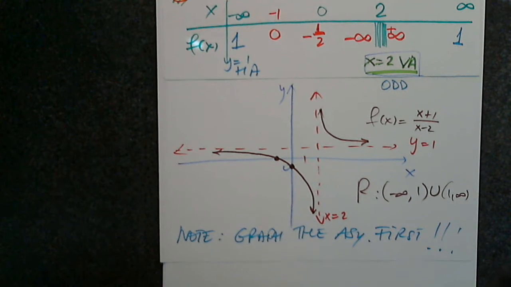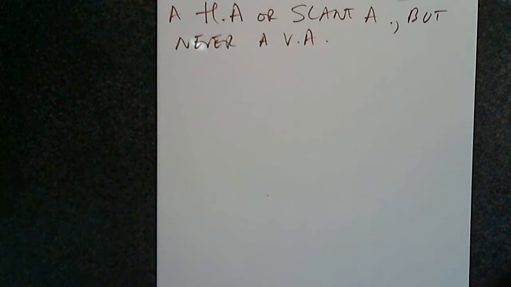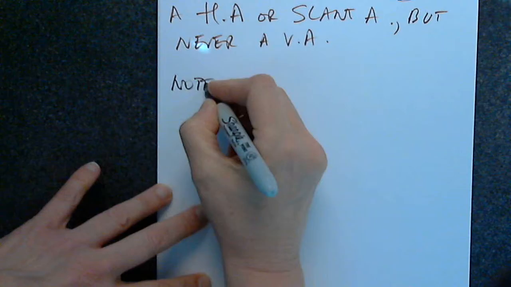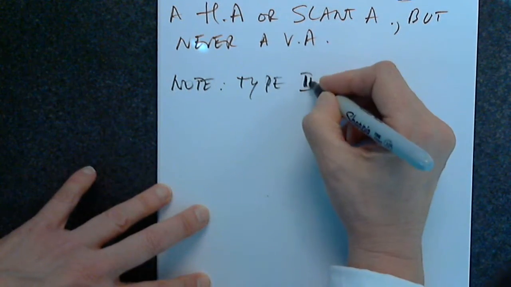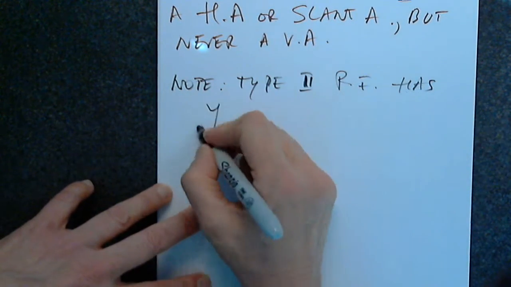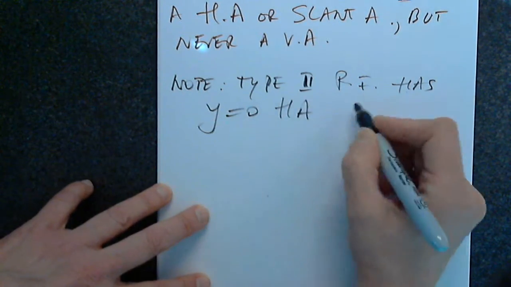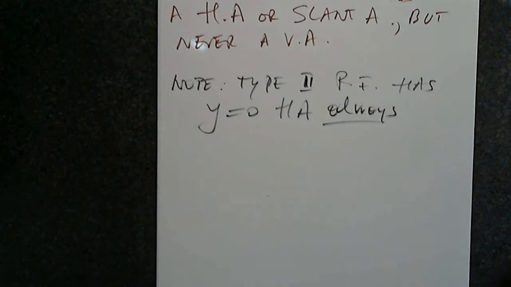Now the second type is even easier than this. What is the difference between type 1 and type 2? The difference is the fact that the horizontal asymptote will always be 0. For type 2, yes, always. A type 2 rational function has y equals 0 as the horizontal asymptote, always.